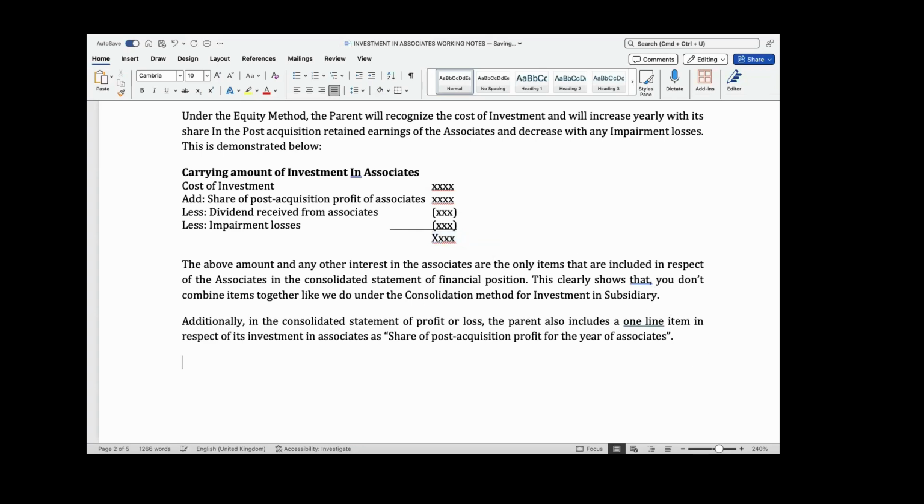So let me take questions before I go to where there are intergroup transactions between the parent and the associate. Any questions?